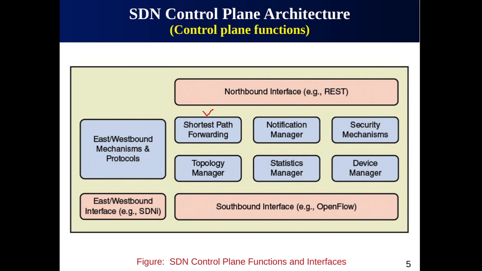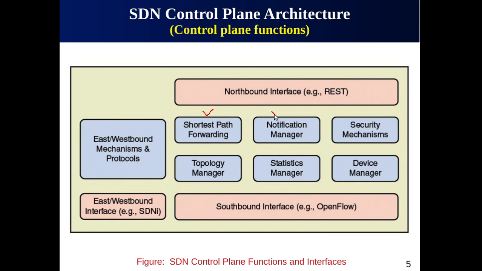It uses routing information, and that routing information is collected from the switches, and based on that collected information, it establishes the preferred routes towards the destination. That is the shortest path forwarding functionality, and it is one of the key functionalities of the control plane.